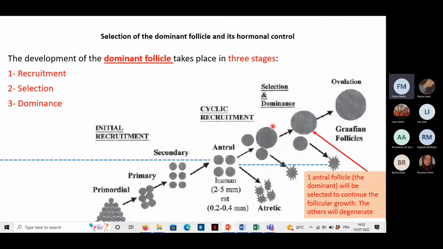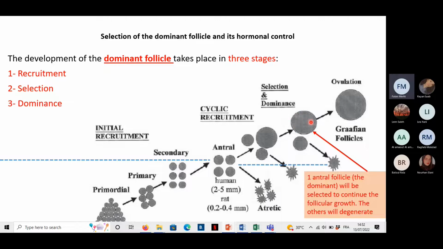So due to this FSH drop, only one of the recruited follicles will be selected. The others will die by atresia. And here we can say that we have one selected follicle, which is the dominant follicle.